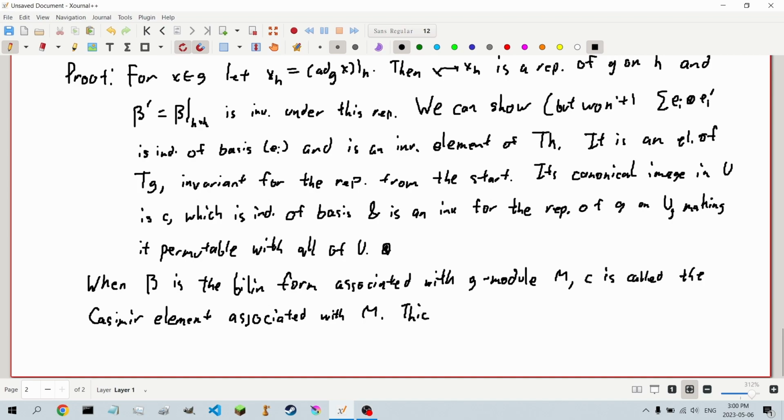And C exists even if, no, not even if, it exists if beta restricted to H is non-degenerate.